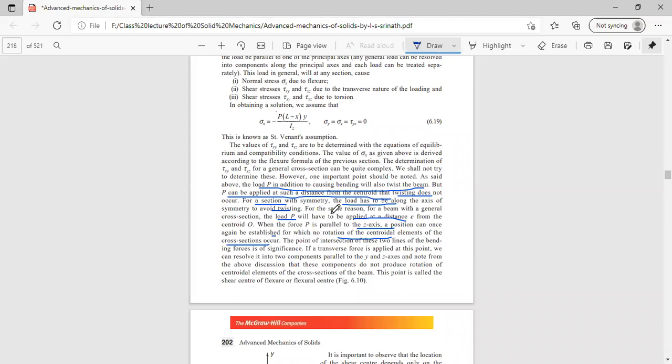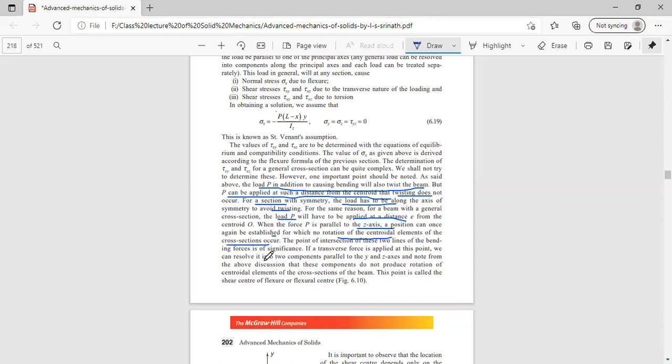now the question is, we have to apply the load P at a distance e from the centroid, with the load parallel to the Z-axis, and the position should be established for which there is no rotation of the centroidal elements of the cross-section. The point of intersection of these two lines is of great importance.